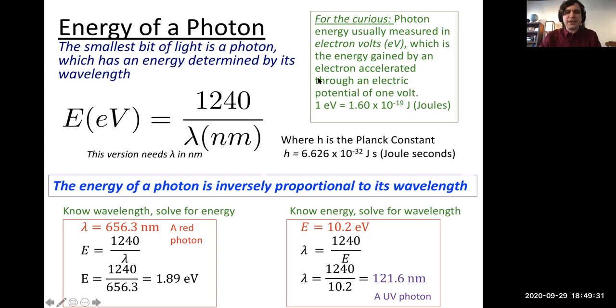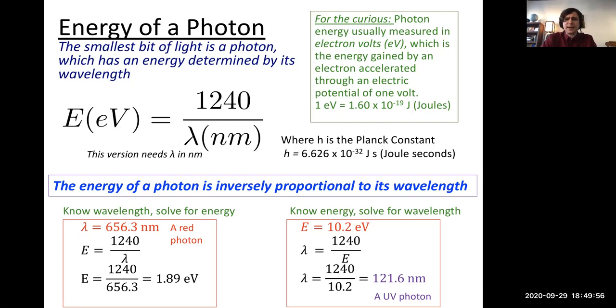So if you want the energy of a photon in electron volts, then it equals some number, 1240, divided by the wavelength, but you need to put that wavelength in nanometers. So this version of the equation assumes that the energy is in electron volts, and it assumes that your wavelength is in nanometers. If you change either of those, you need a different equation.